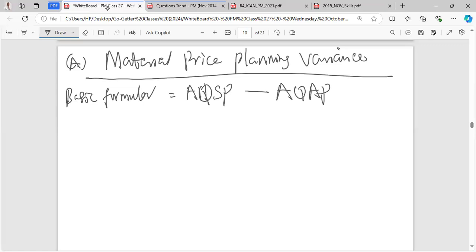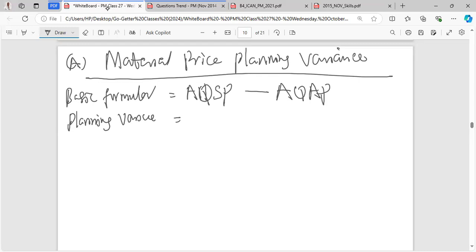So we will not say planning variance. For planning, where you see actual, replace it with revised standard, because it's between standard and revised standard.